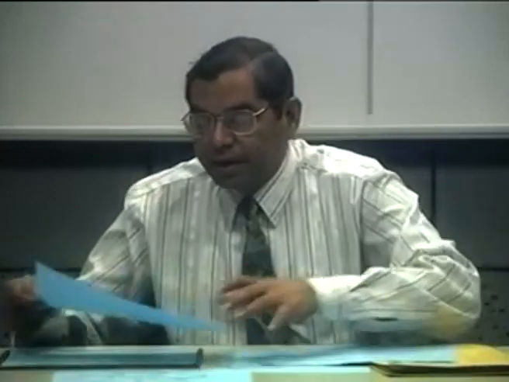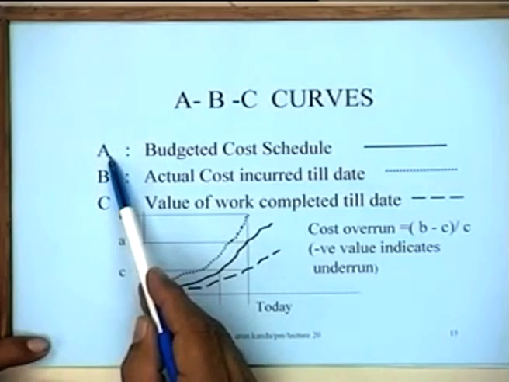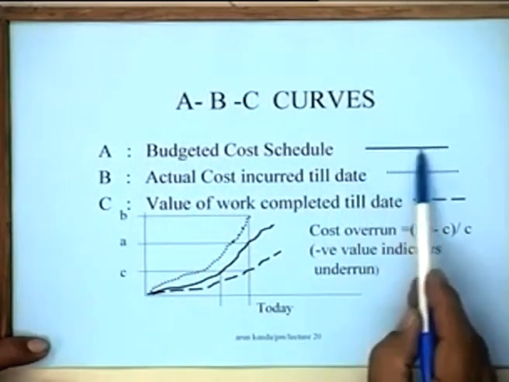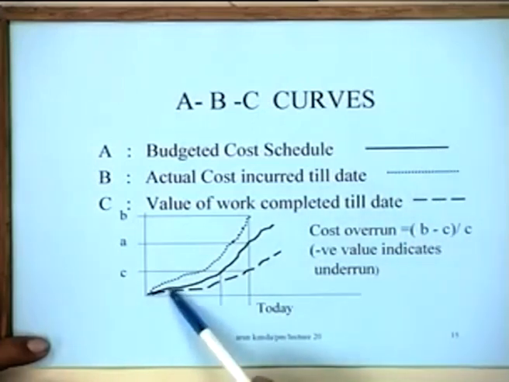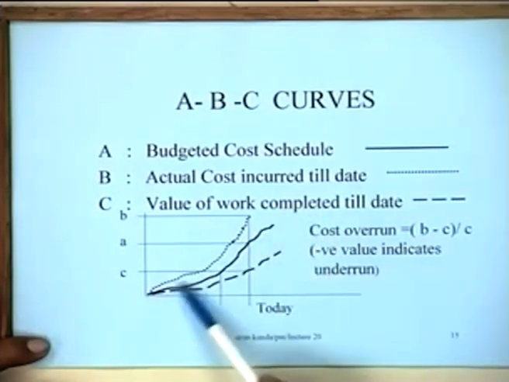Now how exactly do we go about monitoring the whole thing? Let's look at that. Basically we look at three curves. The first curve, which we denote by capital A, is the budgeted cost schedule, shown by a solid line here, and this is the line which we just constructed for an early start schedule or a late start schedule or whatever it might be.